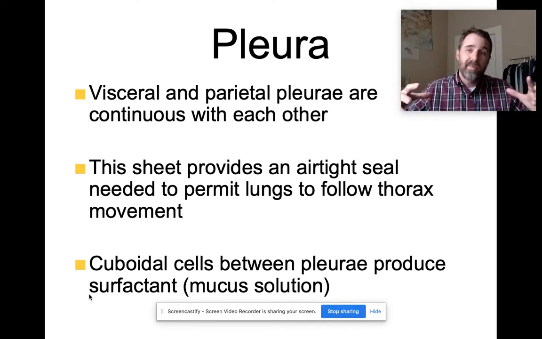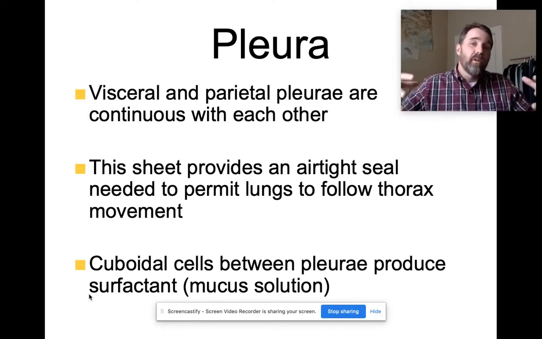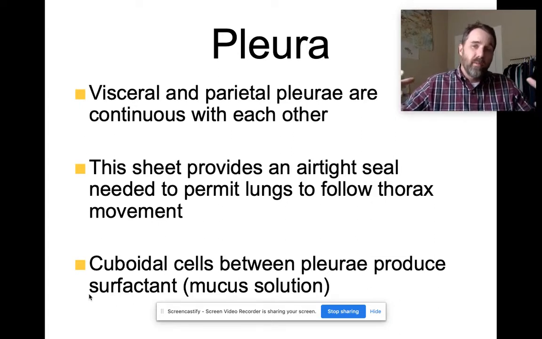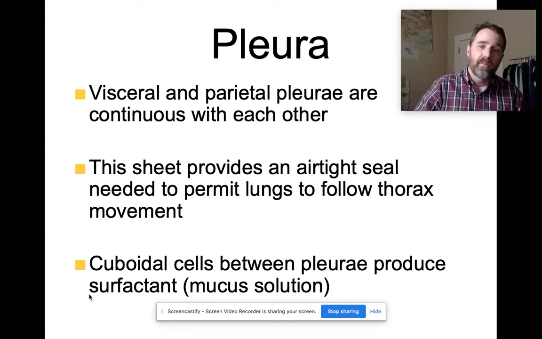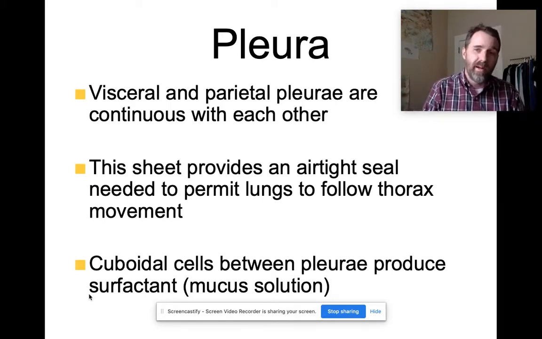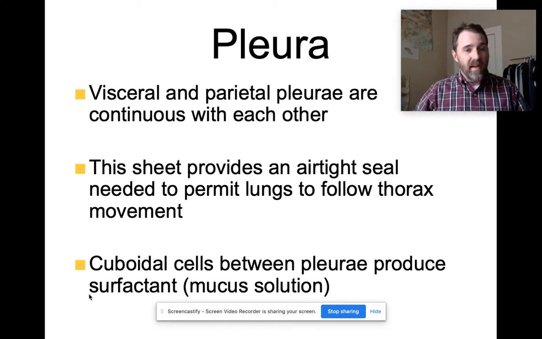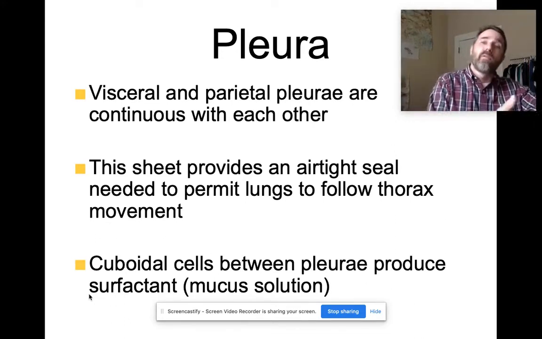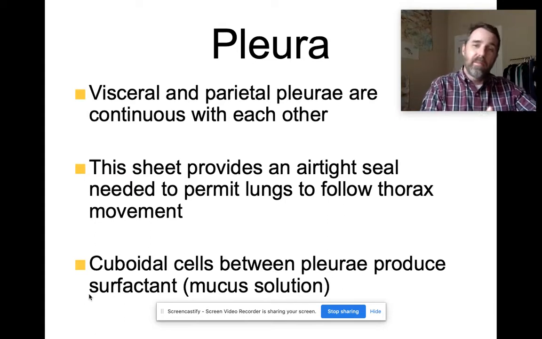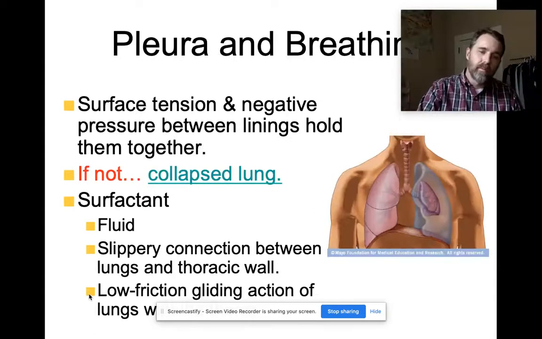So when the thorax expands, the lungs are pulled along with the thorax. When the thorax relaxes and retracts, the lungs are allowed to retract. And what we're talking about here is expanding the thorax, which expands the volume of the lungs, which decreases air pressure within the lungs, which causes air to flow from the environment, from the atmosphere into your body.